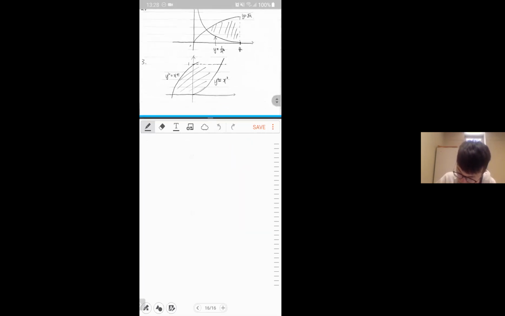Last one. So vertical or horizontal? Horizontal. Yeah, actually, this is a good example.